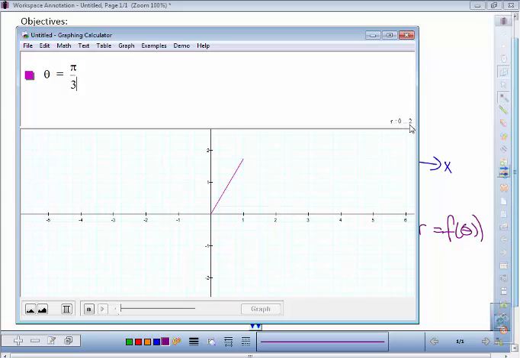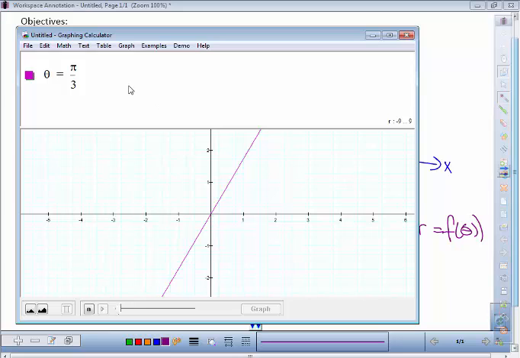It goes from 0 to 2. So if my r only went from 0 to 2, this is as far as my graph will go. But we can make this as large or as small as possible. Negative 9 to 9. I don't know why I chose 9, but that's more of a line there. As far as I need to take this. Those are for my r values.